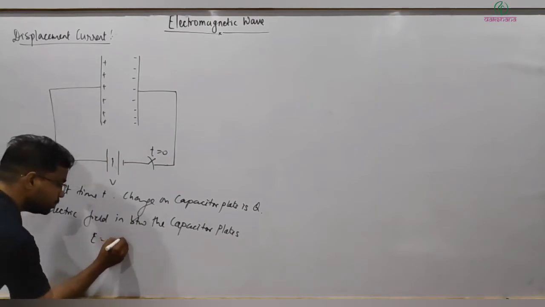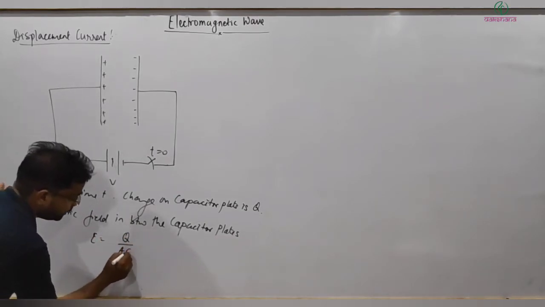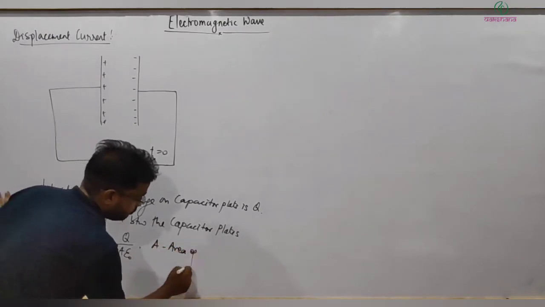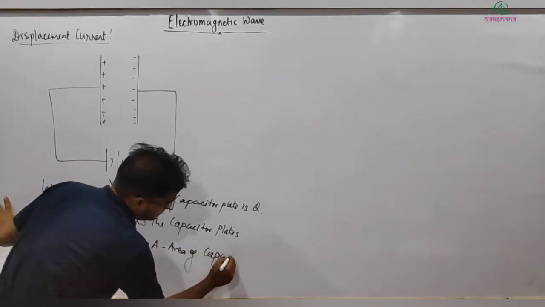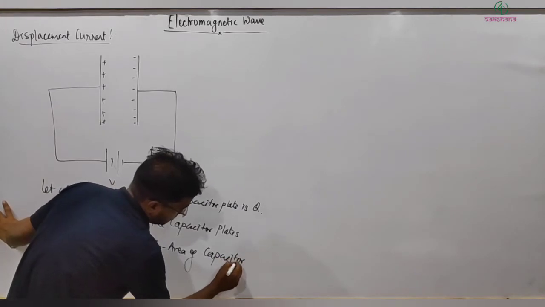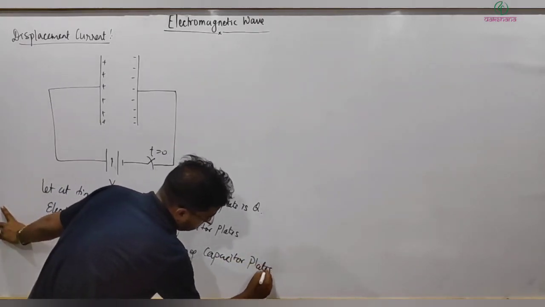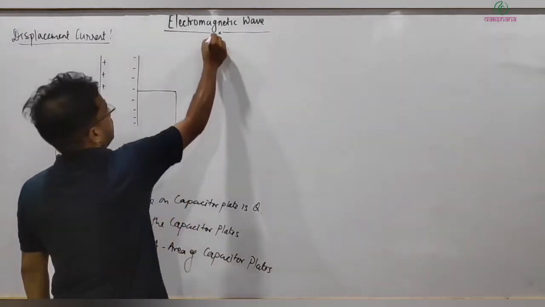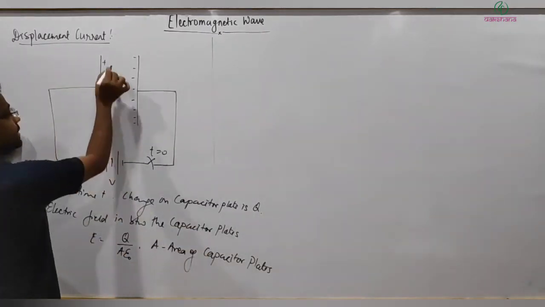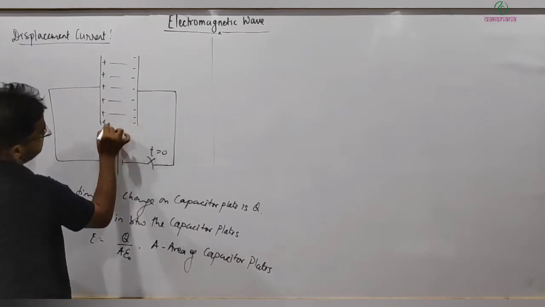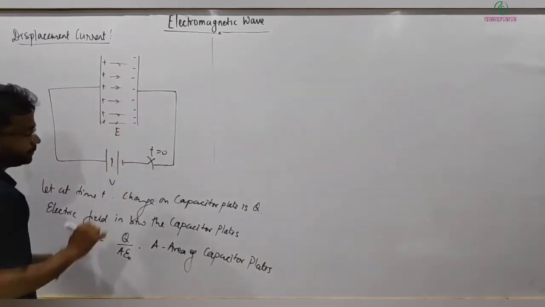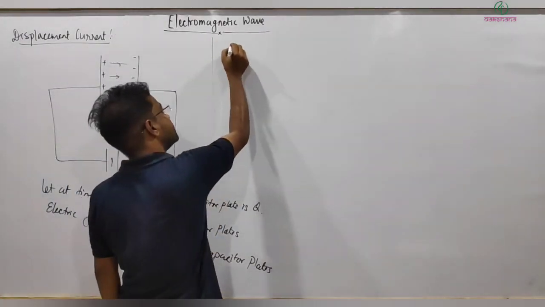E is equal to Q divided by A multiplied by epsilon naught, where A is the area of the capacitor plates. Right? This is the electric field in this region. We can see the electric field will be directed in this manner. E. What is the electric flux?